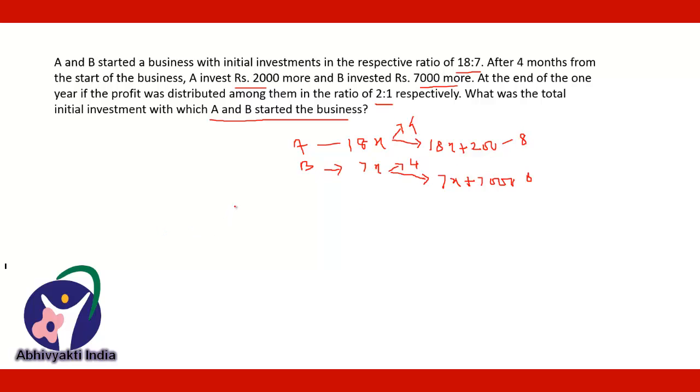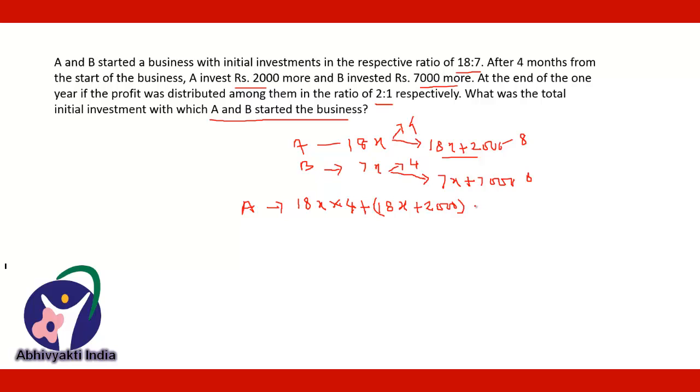So the total investment by A will be equal to 18x multiplied by 4 because of investing for 4 months, plus 18x plus 2000 multiplied by 8, as this amount will be invested for 8 months.